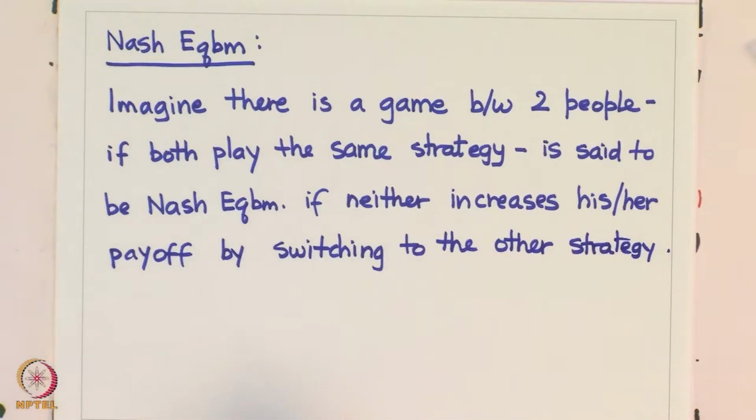Okay, what does this mean? What this means is that in the context of game theory, if there are two individuals which are both playing with strategy A with each other and the other available strategy is called strategy B. Now, if I am playing my opponent with strategy A and there is an incentive for me in switching from strategy A to strategy B, my opponent sticks with strategy A, but on switching to strategy B I increase my payoff.